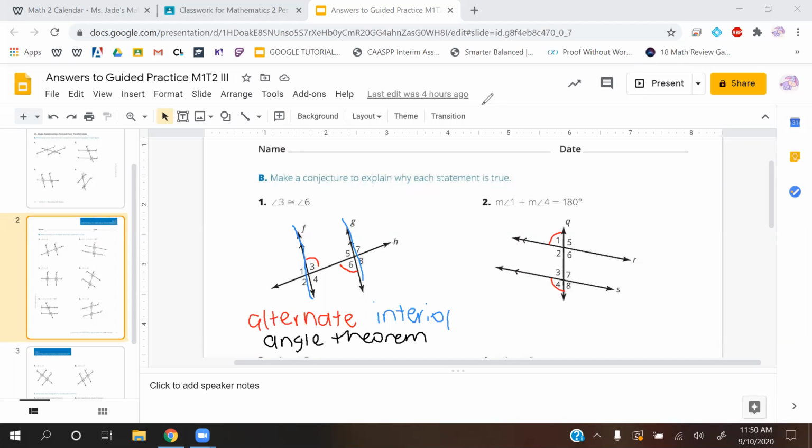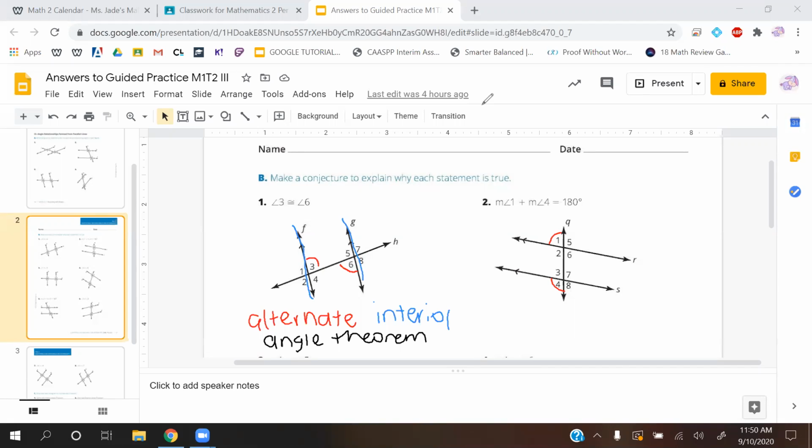Okay, so for number 2, we have measure of angle 1 plus measure of angle 4 equals 180. In other words, they are supplementary. So we're going to see, are they same side or alternate? You guys tell me, same side or alternate? Alternate.